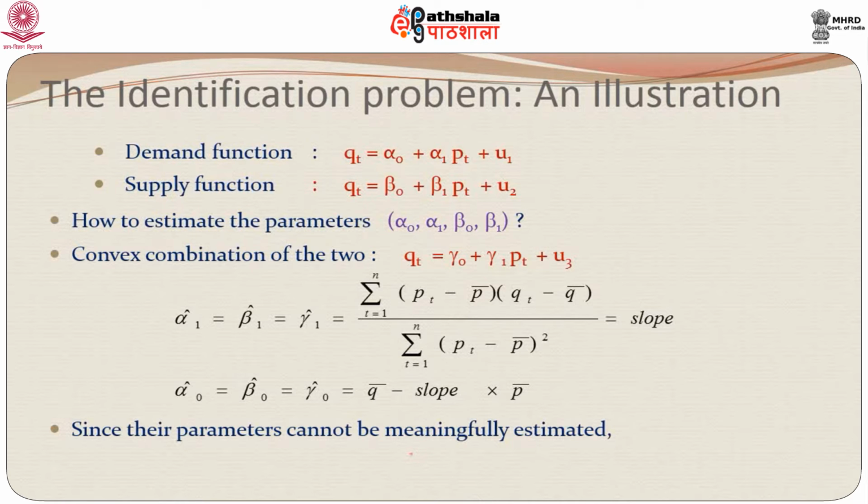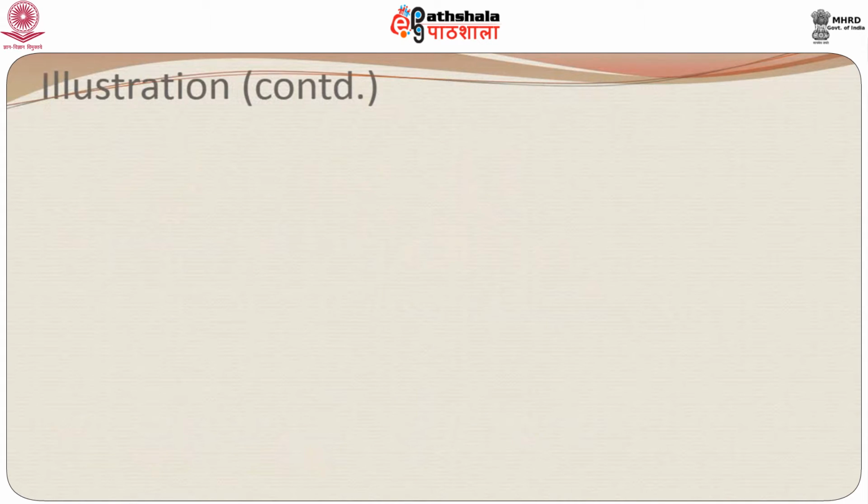But there are exceptions when the reverse happens, and hence we are not very sure as to what this slope and the intercept stand for, and we cannot say that these two equations can be meaningfully estimated. So, we have a problem of identification of both of these equations. Now, let us look at another case.